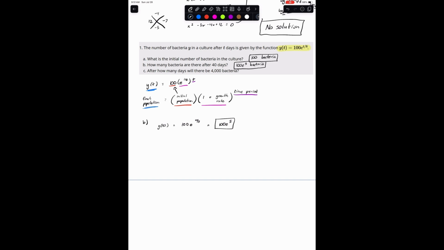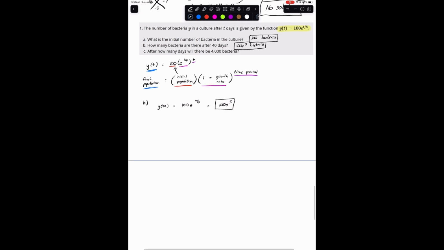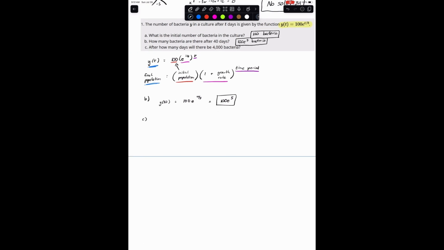Okay, and after how many days will we have 4,000? So part C, we have 4,000 equals 100 e to the t divided by 8.